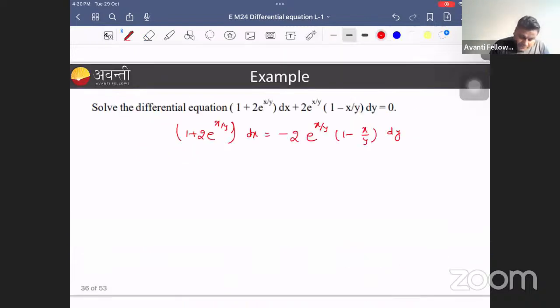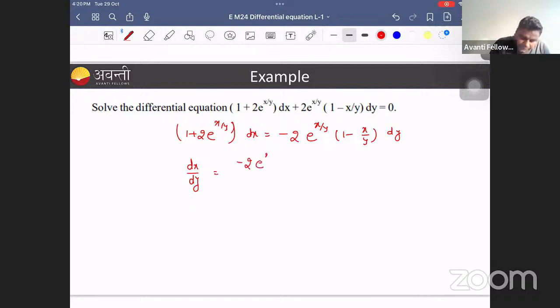From there, I will write dx/dy, because everywhere in the question they are using x/y. I can even solve it using y = vx, but that would be much more difficult, because everywhere in place of x/y you will have to replace 1/v. So better we change the question into dx/dy. So dx/dy is what?